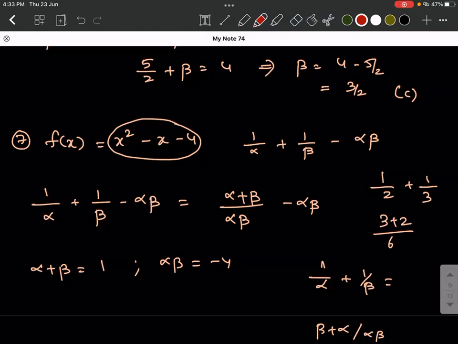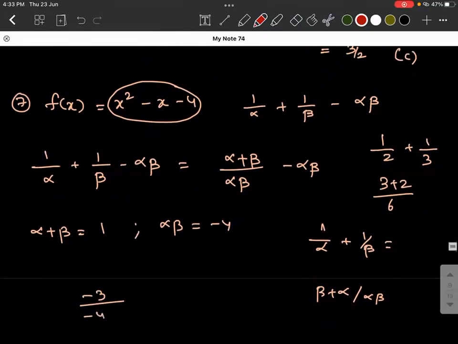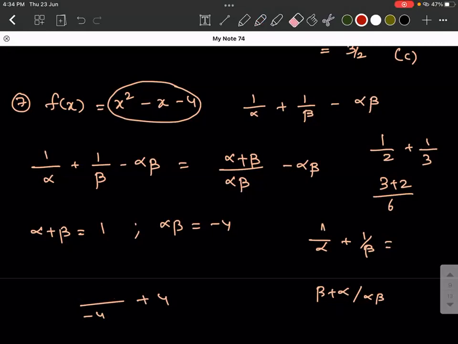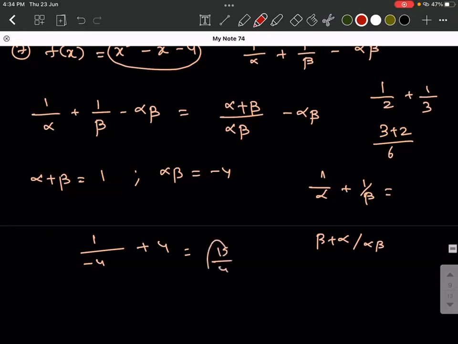So it is minus 15 by 4. Is there an option? Yeah, that is it. Is everyone getting the same? So minus 3 divided by minus 4 plus 4. Sorry, no, 1 by minus 4. Yeah, 1 by 4 minus 4. So it is 15 divided by 4.